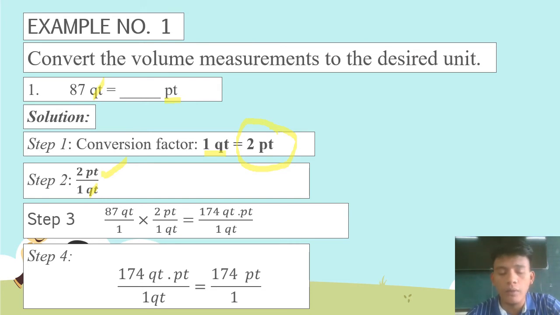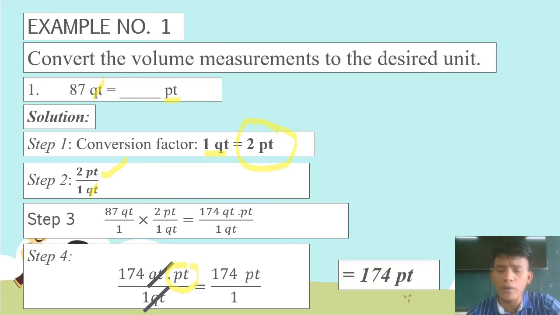Quarts at the numerator as well as the denominator will be cancelled out. The remaining will be the pints, and that will be our desired unit. 174 pints over 1 is equal to 174 pints. And that will be our final answer.